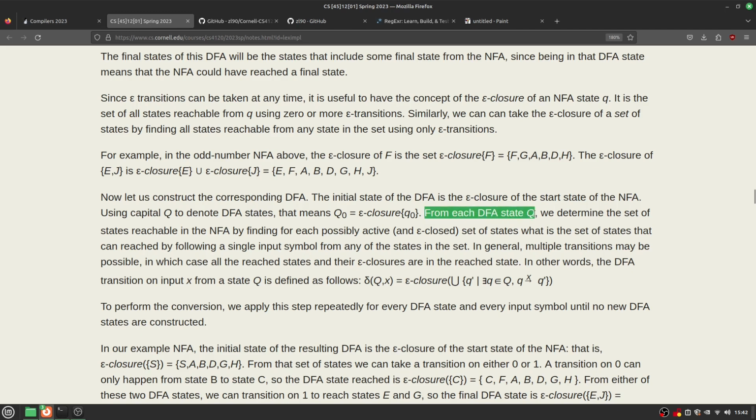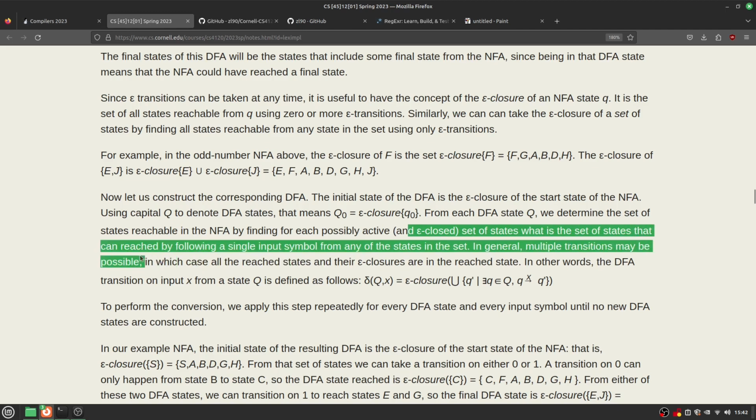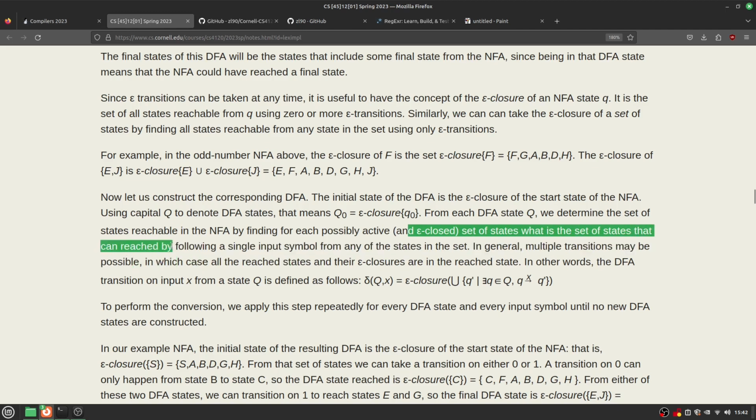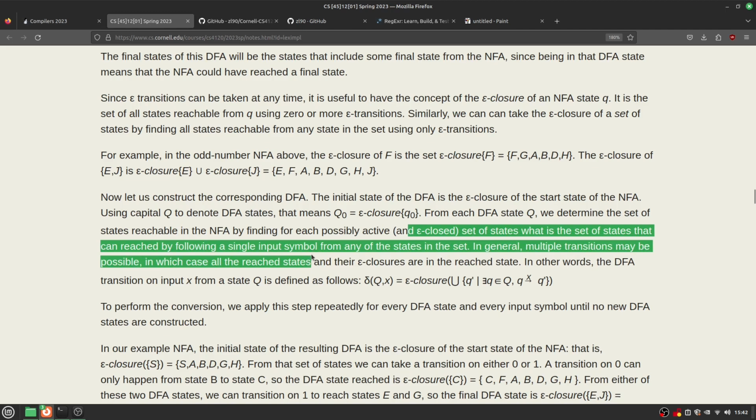From each DFA state Q, we determine the set of states reachable in the NFA by finding for each possibly active state an empty string closed set of states. What is a set of states that can be reached by following a single input symbol?